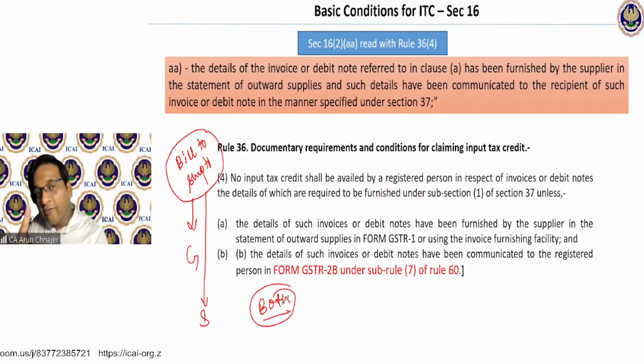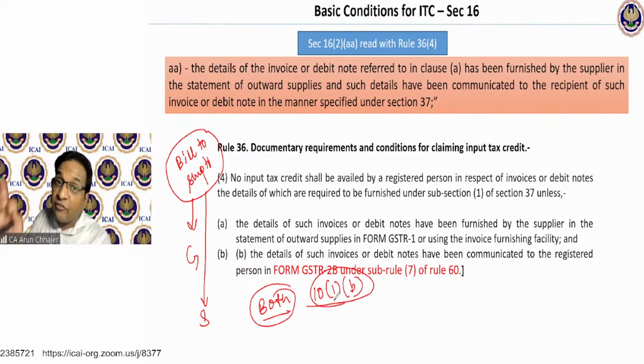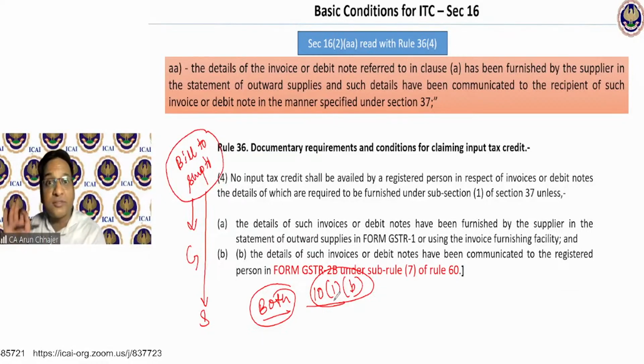Why both? When you read the place of supply chapter, a point to be noted: sometimes you will not have the direct answer. I am only developing the understanding because the question can be asked in a different manner. When you read the place of supply chapter, for section 10, that is for supply of goods, you will find a specific provision for place of supply for bill to ship to model of goods.